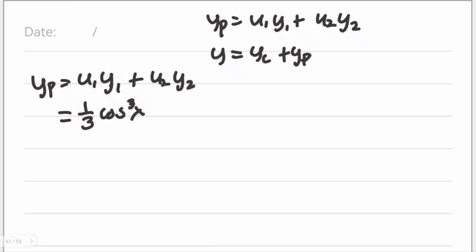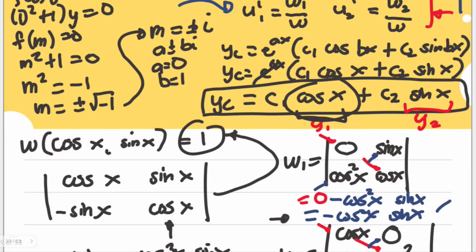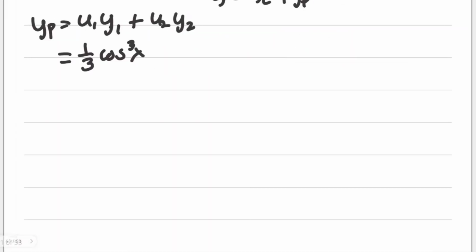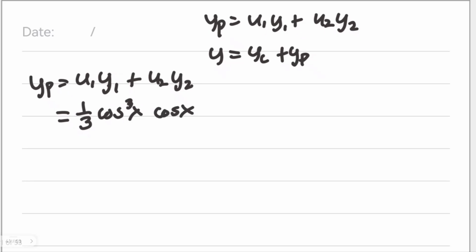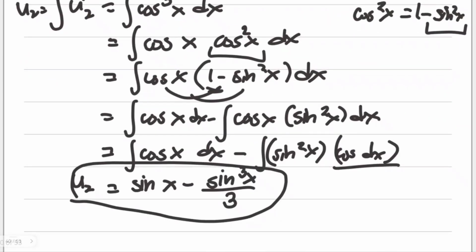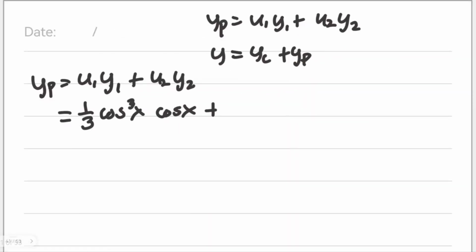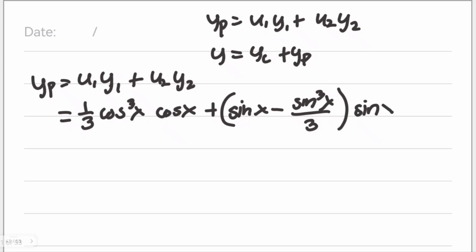And our y sub 1 in the previous page, this is our y sub 1, cosine, and the y sub 2 is sine. Please help me remember that. You will have here times cosine x plus your u sub 2 in the previous page, which is sine x minus sine cubed x over 3 times your y sub 2, which is also sine x.